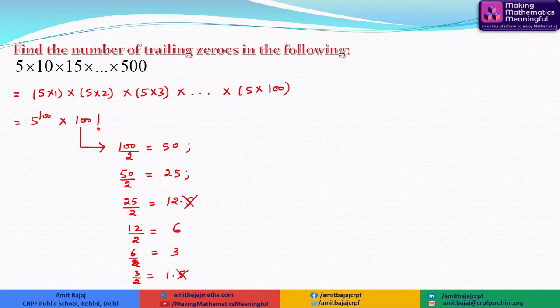Add all these values, this sum is coming out to be 97, which is the required number of zeros in this product.